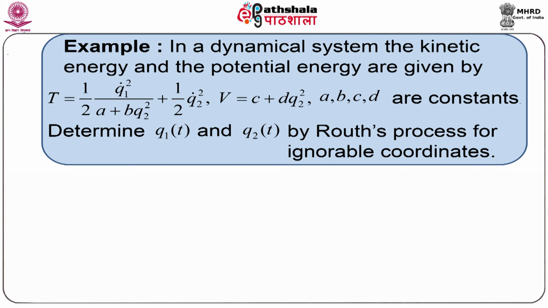Capital V equals c plus d into q2 square. A, B, C, D all are constants. There are two generalized coordinates, which are q1 and q2. We have to determine q1 as a function of t and q2 as a function of t by using Routh's process for the ignorable coordinates.